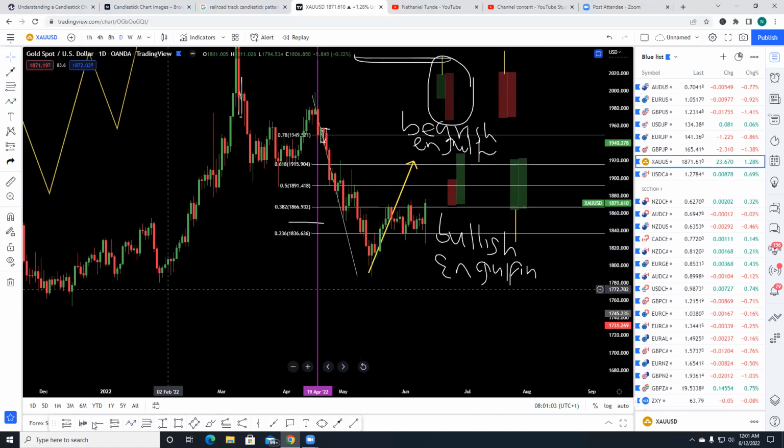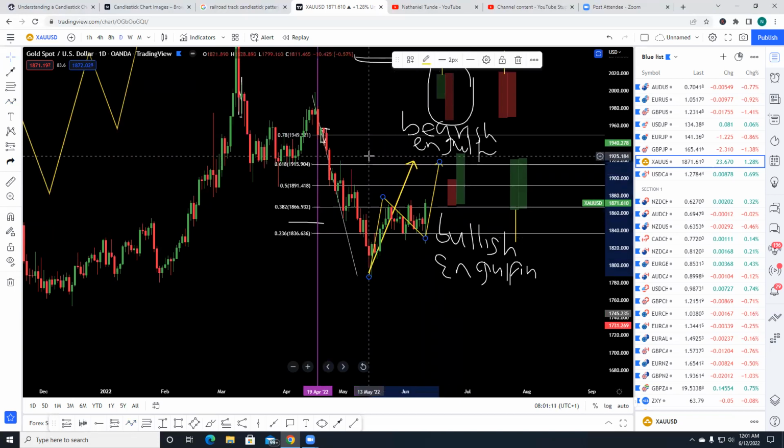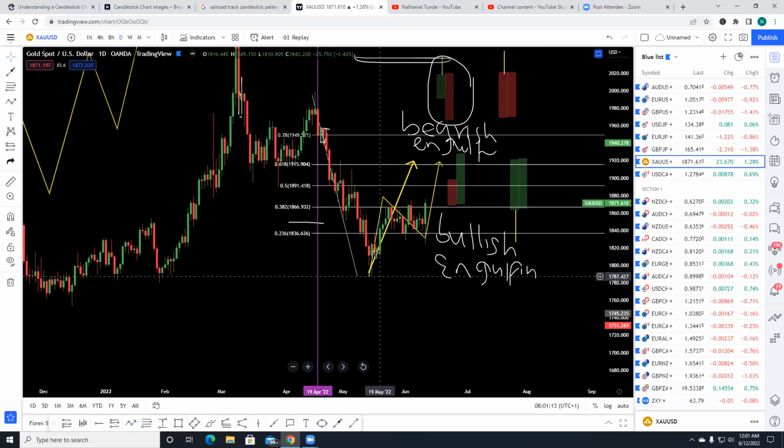Oops, wait. Watch out. This is an impulse, A, B, and C. And by the time C gets to this level, what happened? This will have been a complete corrective structure. Guys, what am I looking for at this level of corrective structure? When the corrective structure is over here, what are we supposed to look for?